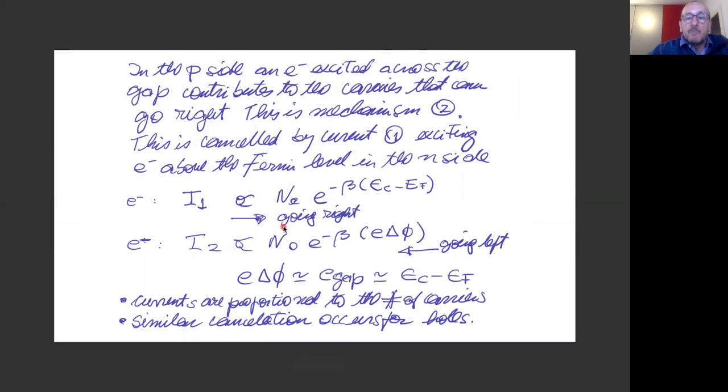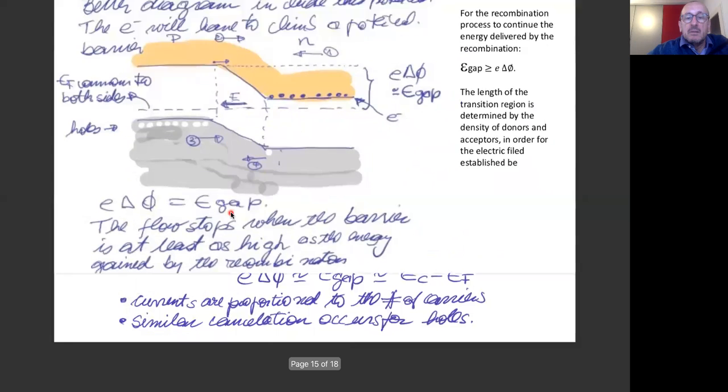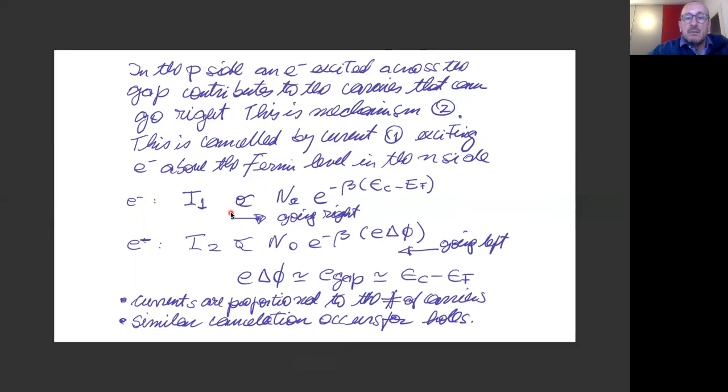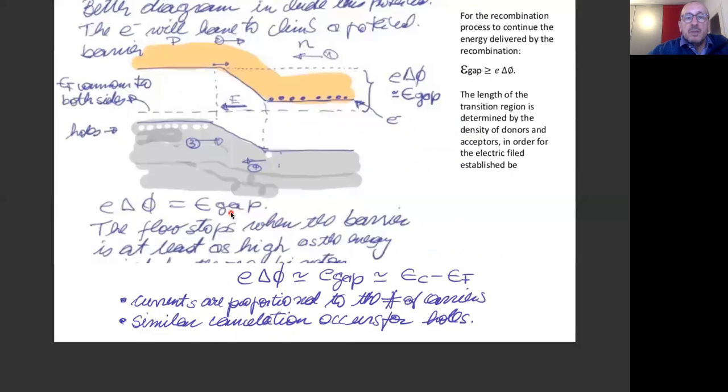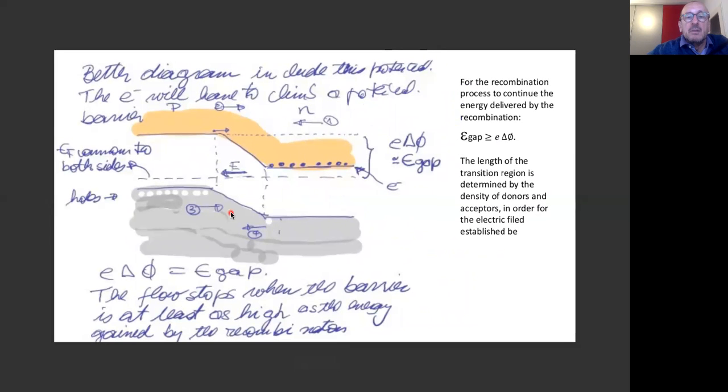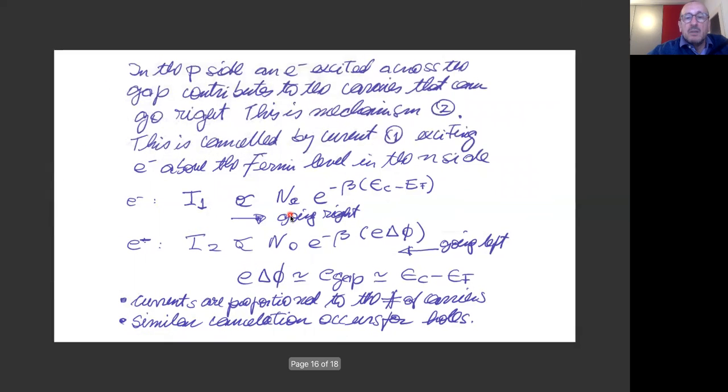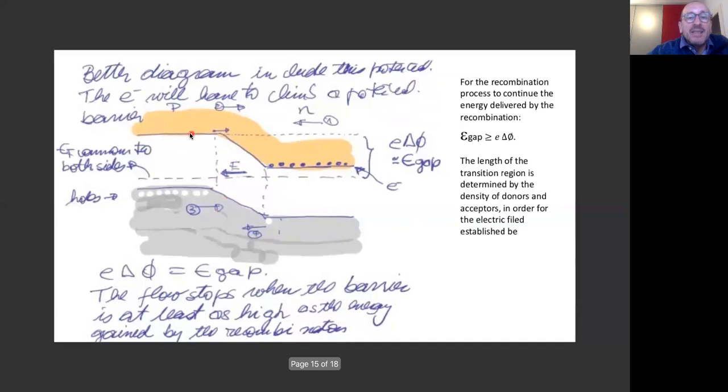I1 is the current going in that direction.